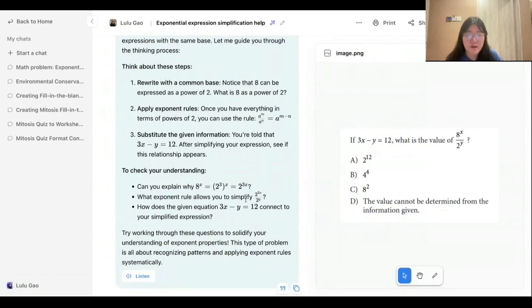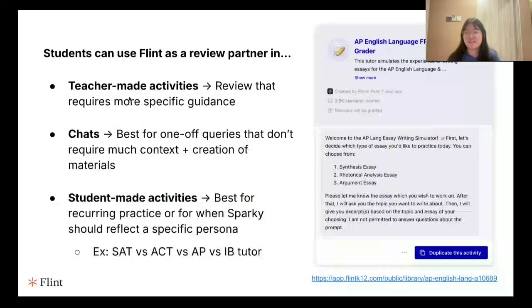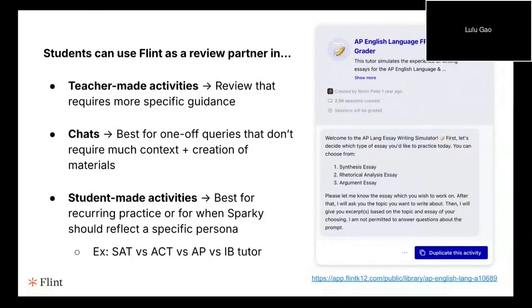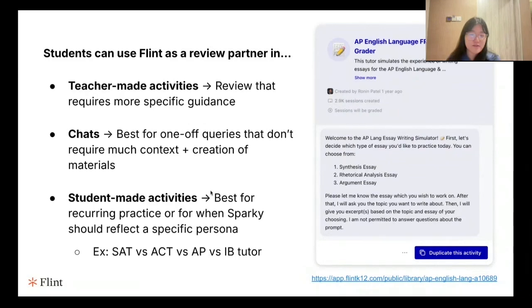And what sort of rule allows you to simplify this sort of expression? So it gave me the steps, but not the actual answer, and it's asking me to work through it myself. So for those sorts of one-off questions, if students are using chats with their student accounts, they can get a lot of guidance from Flint off the bat.